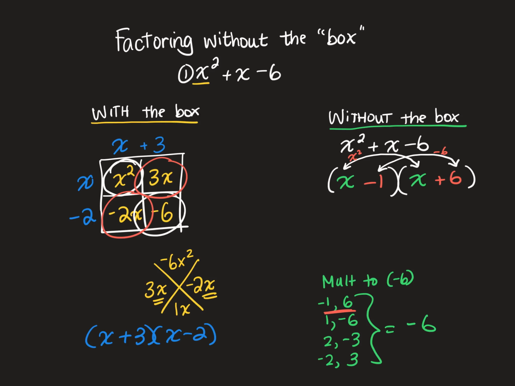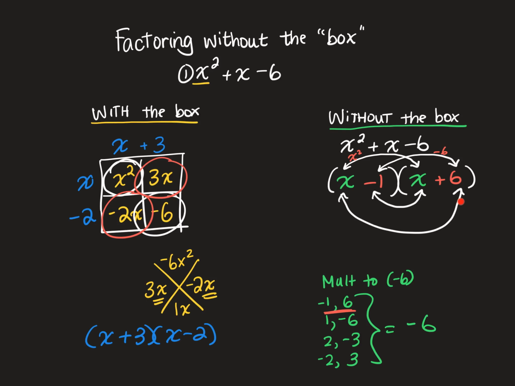Okay, so what I'm going to do is check what would give me those inside and outside terms. Let me do that a little bit bigger here. Outside terms and inside terms. If you've ever heard the term FOIL, that's the O and the I. So I'm going to multiply the outside terms together.